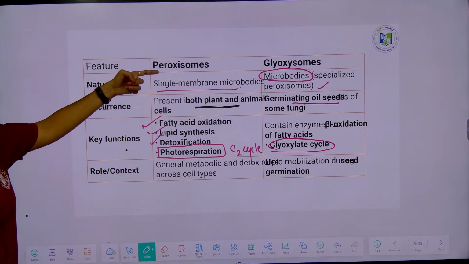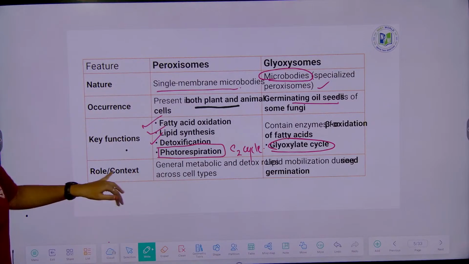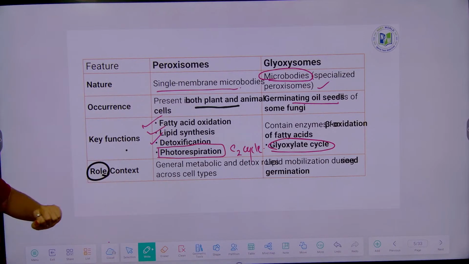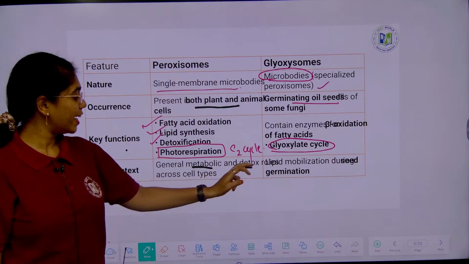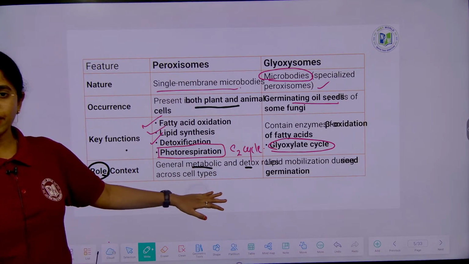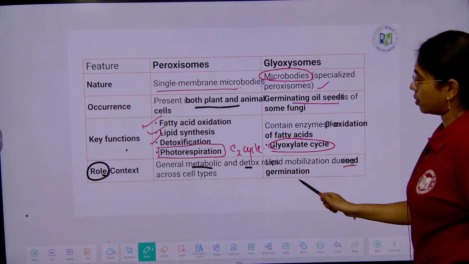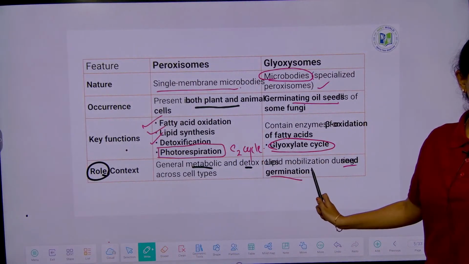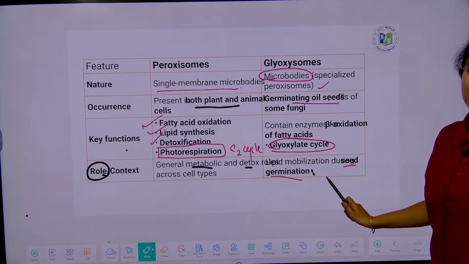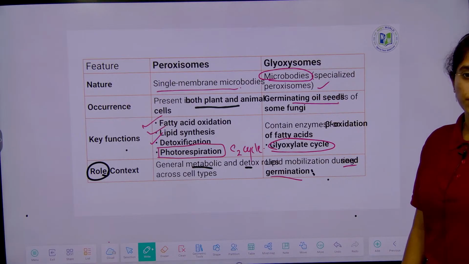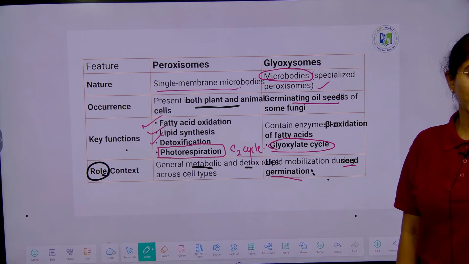Next, peroxisomes, what is the role of peroxisomes? General metabolic and detoxification roles in different cell types, and here, for seed germination, active mobilization during seed germination is conducted via glyoxysomes. Clear? Peroxisomes and glyoxysomes.